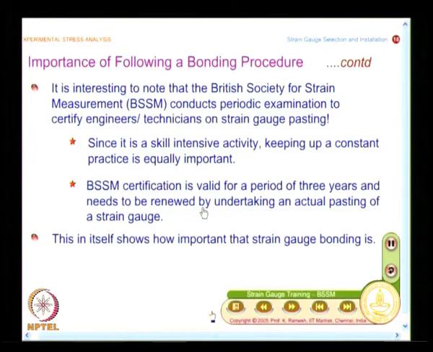Have you been pasting strain gauges, do you know the nuances of it, and are you able to make, for simple problems, the results from strain measurement match closely with the analytical or numerical solution that is available? So, the very fact that a professional society conducts an examination and that the certificate is valid for a period of 3 years shows how important strain gauge bonding is.